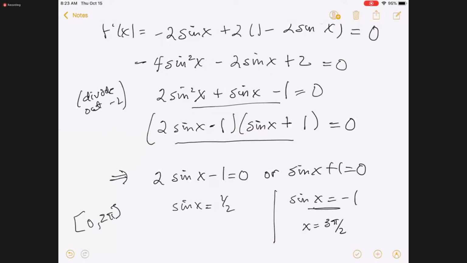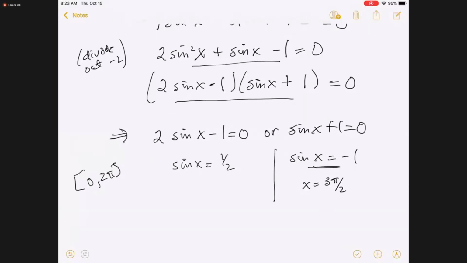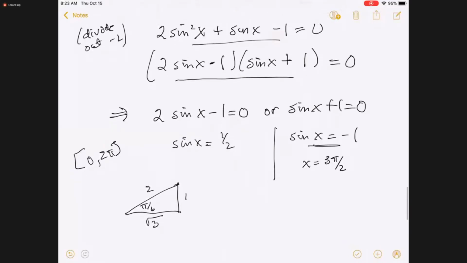Sine x equal to 1/2. Well, that is not sine squared. Sine of x is equal to 1/2. That happens at pi over 6, right? That's a special angle. And that is the square root of 3.